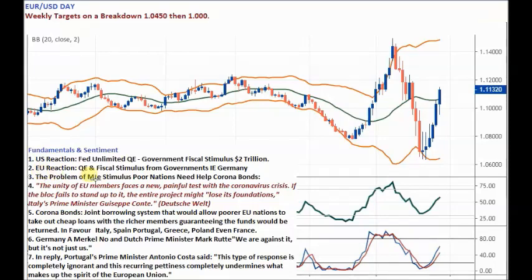Now, the EU reaction to the pandemic: QE, a lot of money going into the system as well. Fiscal stimulus from governments has come in, i.e. Germany, traditionally not in favour of it, but the pandemic has made Germany do it. The problem, though, is the poor nations need more stimulus, and corona bonds have been touted as the way to solve the poor nations' problems.